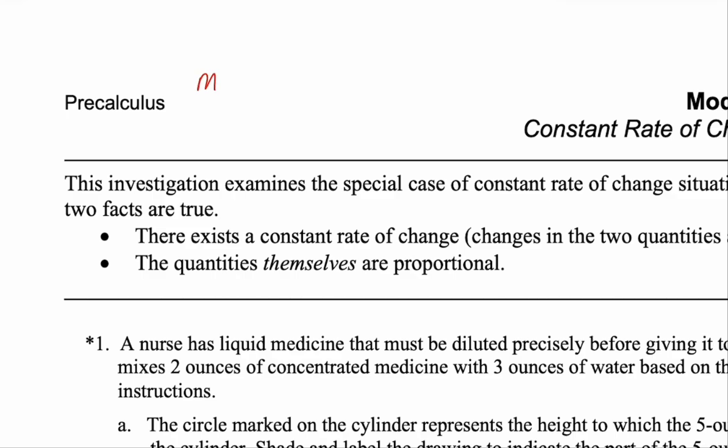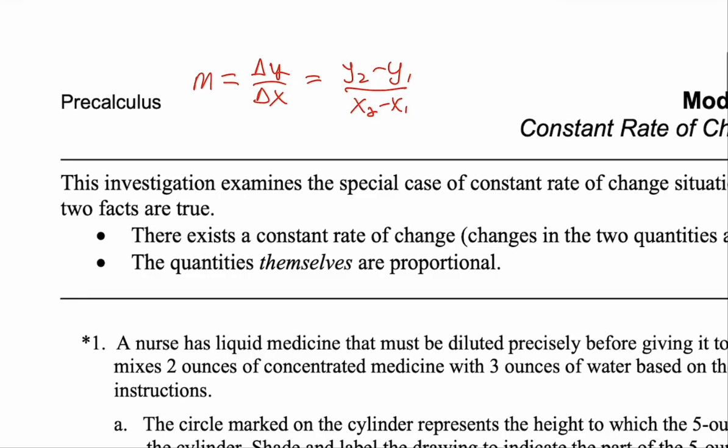So one is that the slope is the change in y over the change in x, or y2 minus y1 over x2 minus x1. Another one is that the change in y we can always find by taking the slope times the change in x. Remember where that m is that constant rate of change.